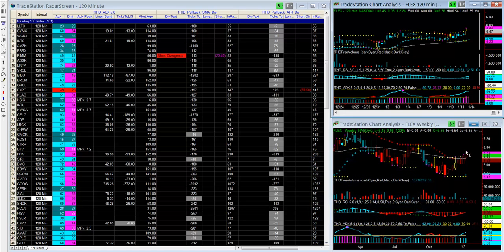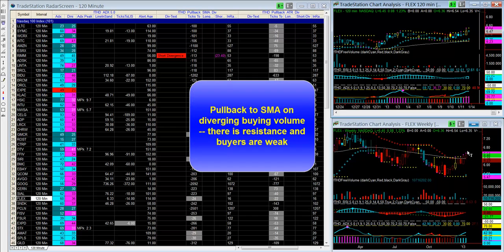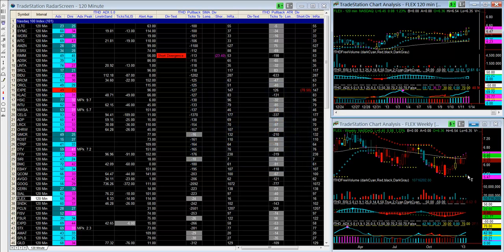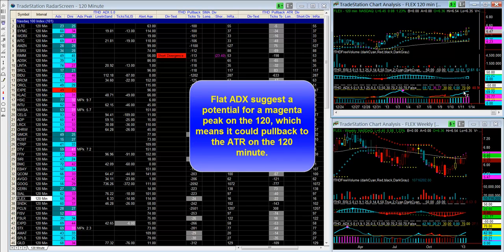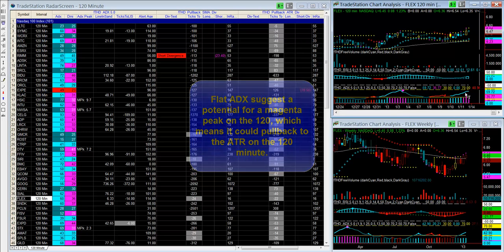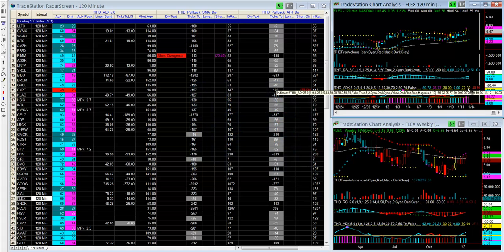But the problem is it's coming back to this SMA on decreasing volume. That tells me that it's probably going to pull back. With a flat ADX line right now, we could actually see a peak come in on FLEX next week. So it's not one I would want to be trading right now.